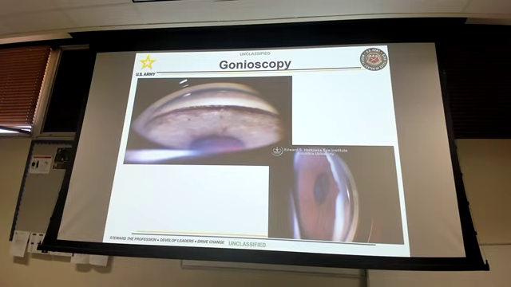And that bottom right-hand corner is showing you a picture of what PAS will look like, the anterior synechiae. So you'll see this projection of the iris right here that's touching the cornea. And right here, the iris is going forward and it's stuck to the corneal endothelium.